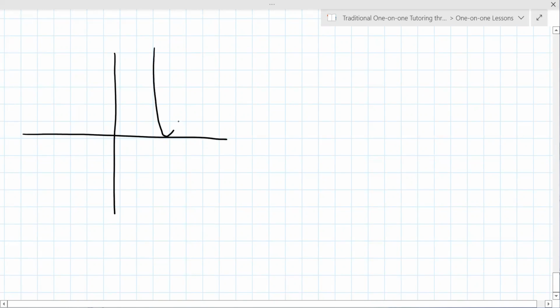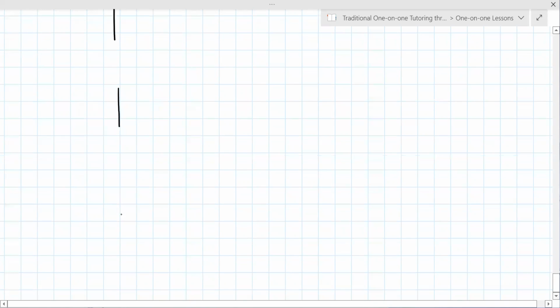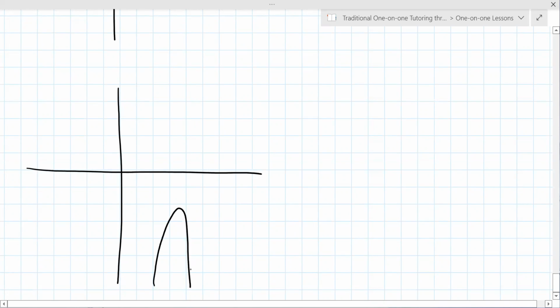If it touches, how many solutions are there? 1. 1 real solution, yeah. And then if it does not touch, do you remember what this is called or how we refer to this? Isn't it imaginary? Yes, 2 imaginary solutions.